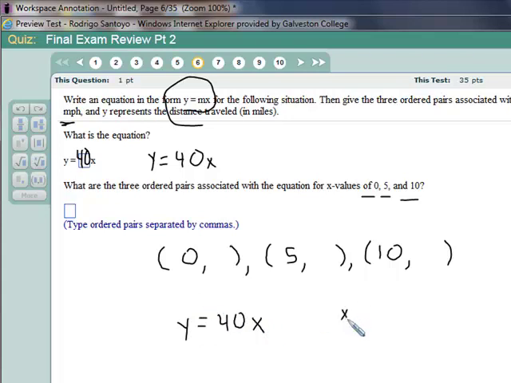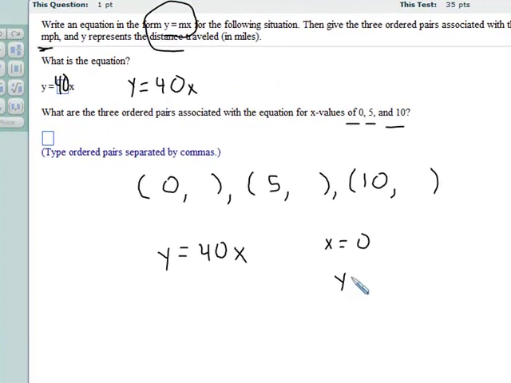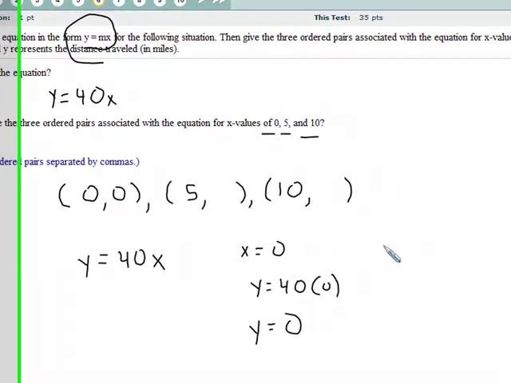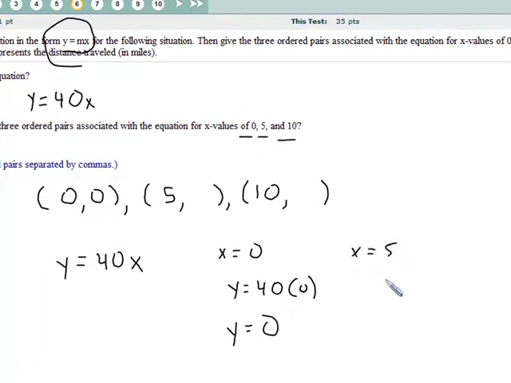So first we do it when x is 0. Y equals 40 times 0. Y is 0. Next, x is 5. So we have y equals 40 times 5. We get that to be 200.